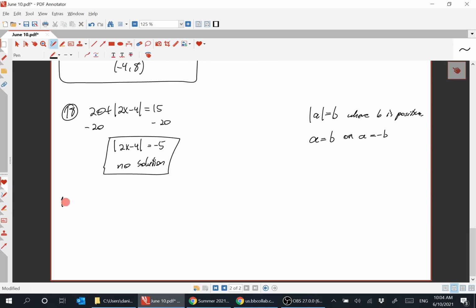Number 15, similar to number 16. 4 minus absolute 3x plus 6 equals 1. All right, solve for x. So what I would do is move the absolute 3x plus 6 to the other side by adding that whole expression.